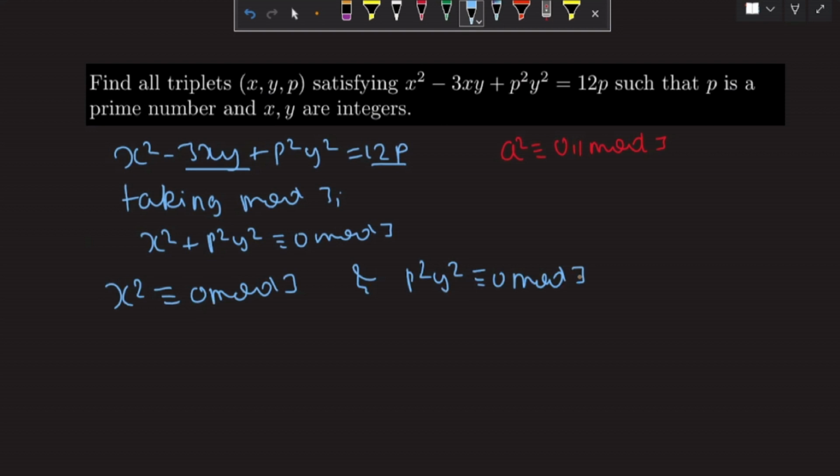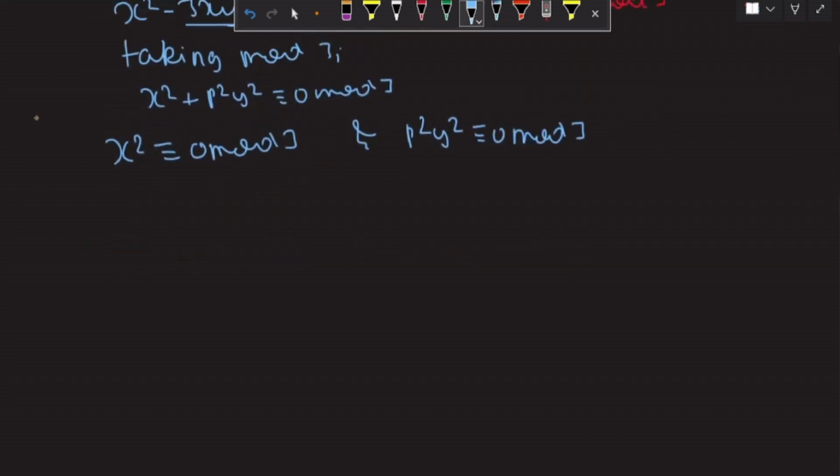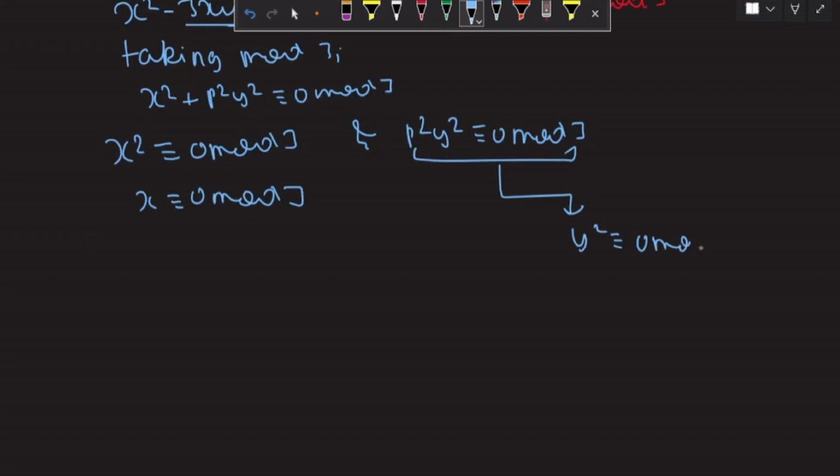Otherwise, 1 plus 1 is 2 mod 3 and so on. So x is 0 mod 3, and then we can break this into two more cases: either y square is 0 mod 3 or p square is 0 mod 3.